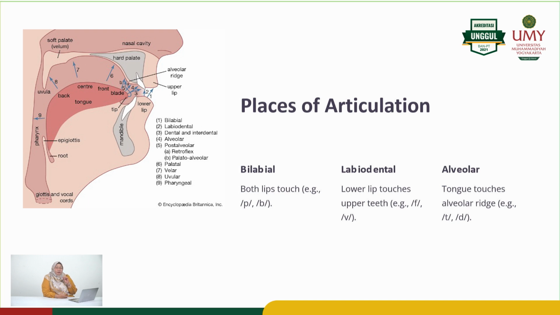The sound, for example, k and g, you can feel it. Yeah, the back of the tongue touches our velum. K and g. And glottal sound is produced at the vocal cords. This sounds like the sound of h in hat. H. Okay.